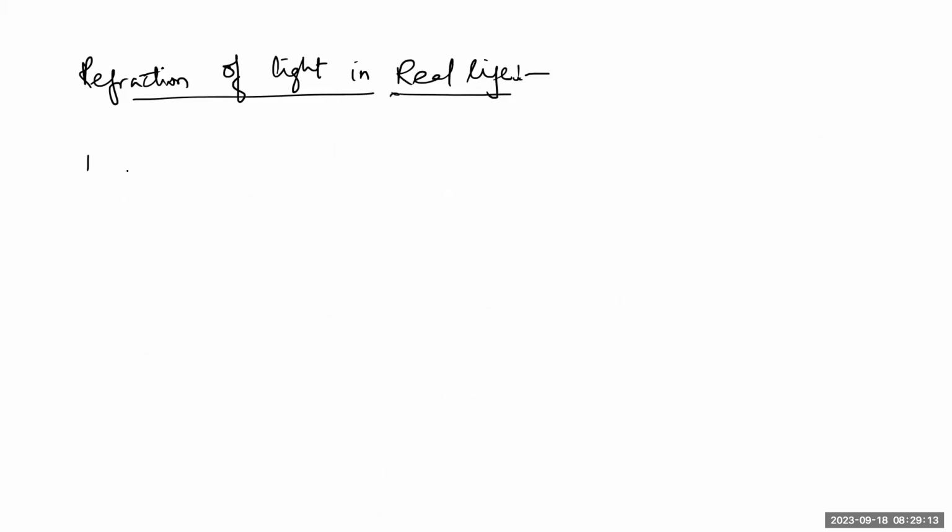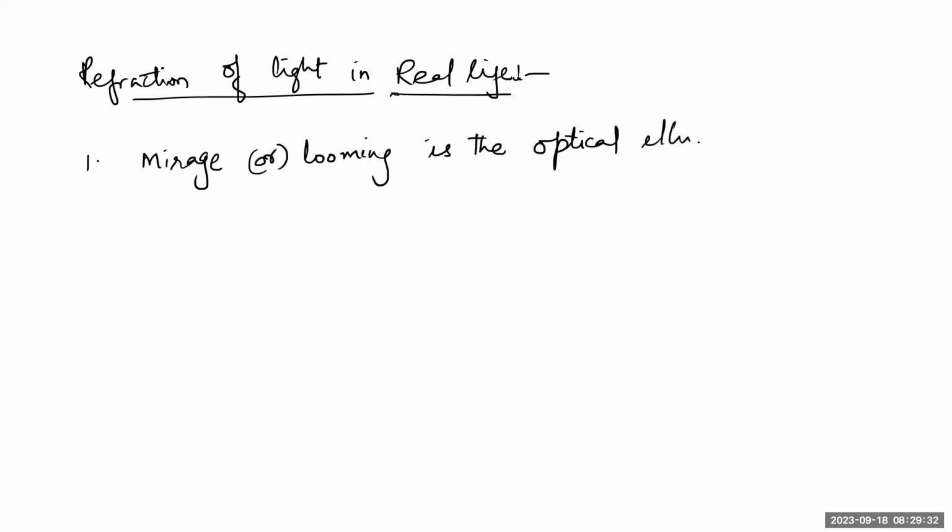First one, I hope you all know the mirage. Or else we can say it is also called looming. Mirage is actually an optical illusion, right? It happens especially in the summer days.